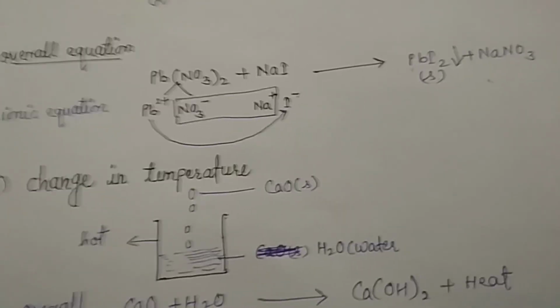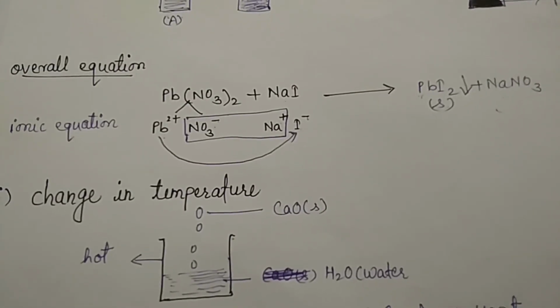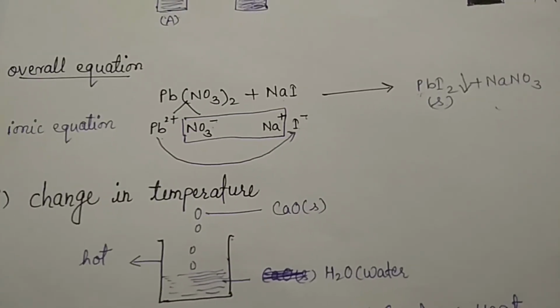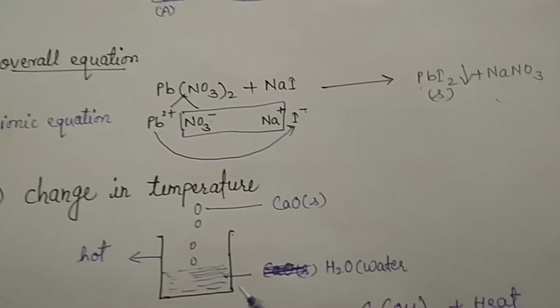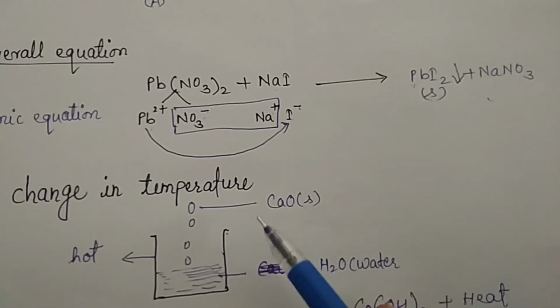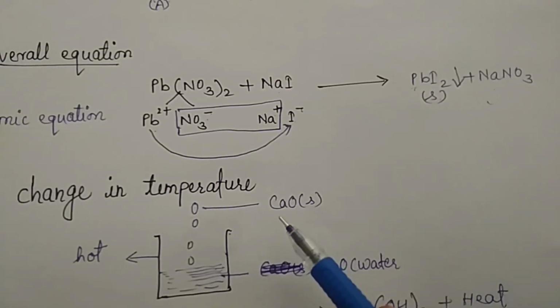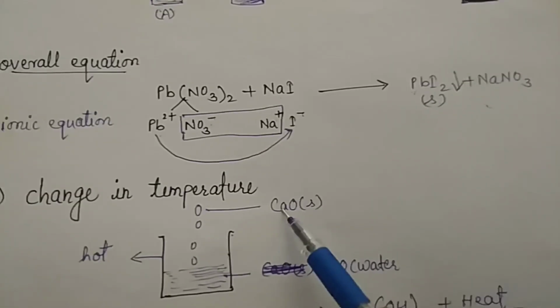If you find a little bit or more difference between initial and final temperature, it means a chemical reaction has taken place. For example, children, take a beaker filled with water, and in this beaker we also pour some solid crystals of calcium oxide.